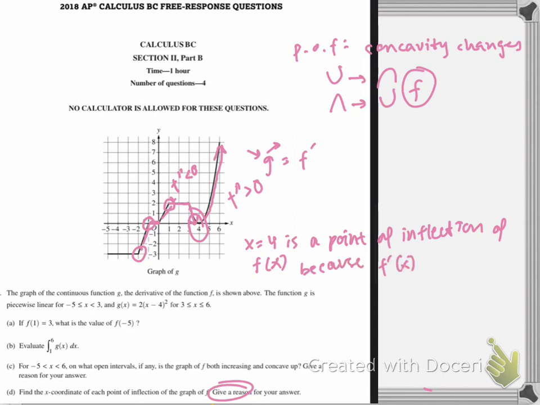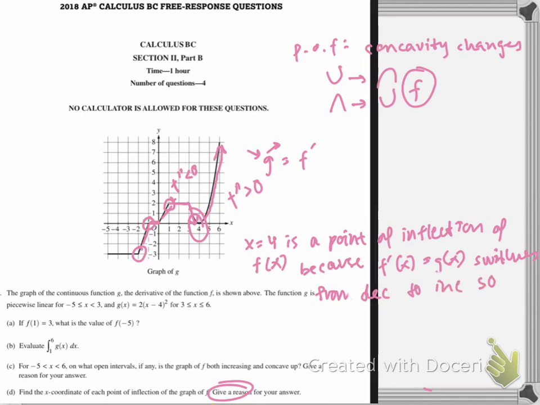And that's because f prime of x equals g of x switches from increasing to decreasing. Oh, my bad. From decreasing to increasing, actually. It goes from decreasing to increasing.